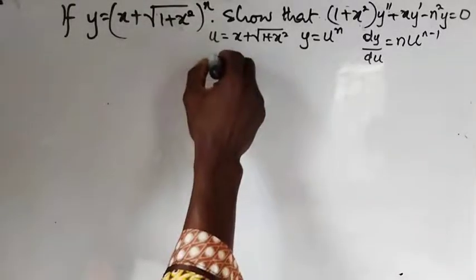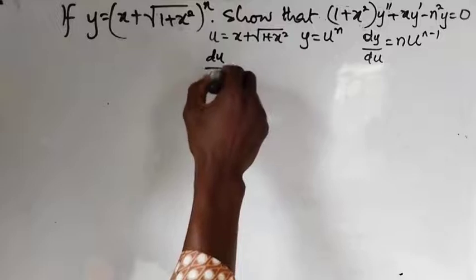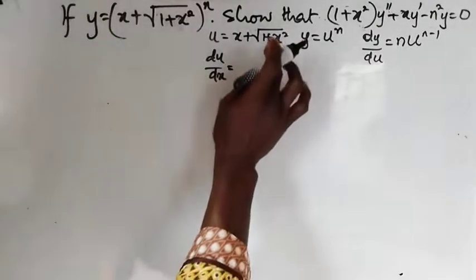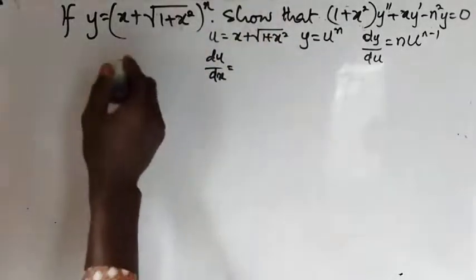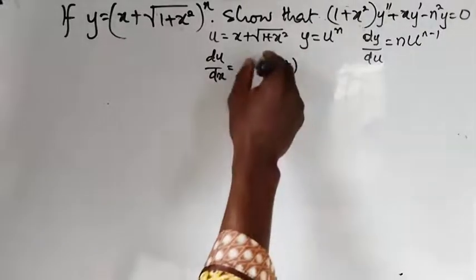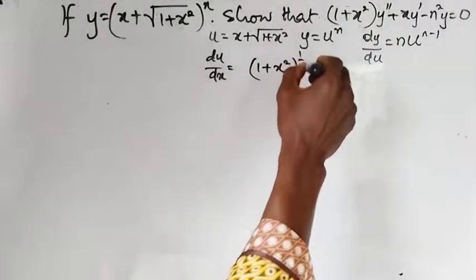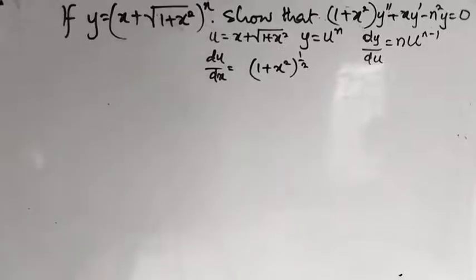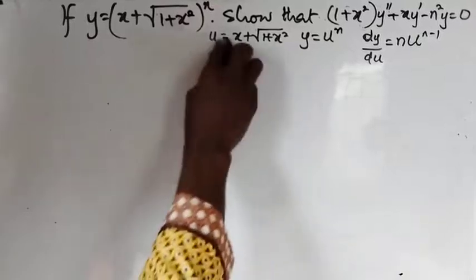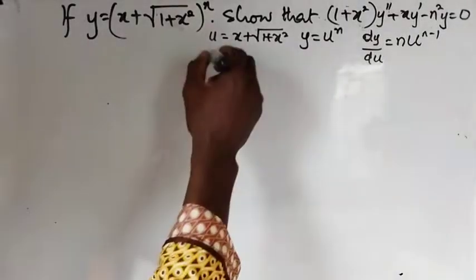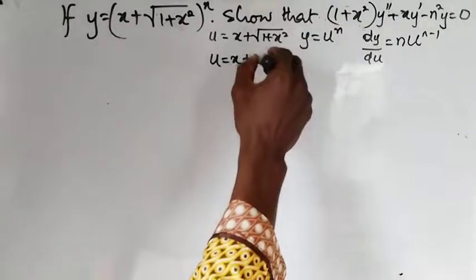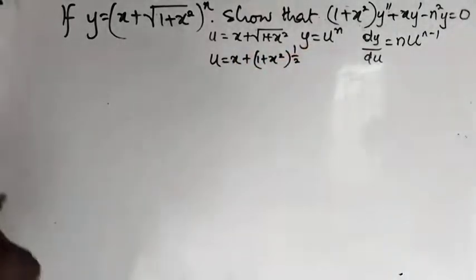And in this case we have du/dx, which simply means (1 + x²) raised to the power of 1/2. Let me quickly write it somewhere so that we can make use of it. So you can see that u equals x plus (1 + x²) to the power of 1/2.